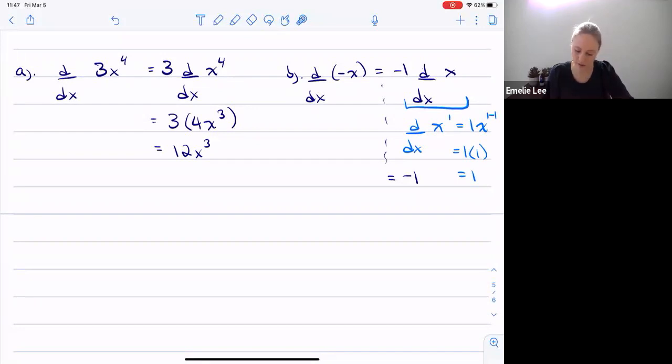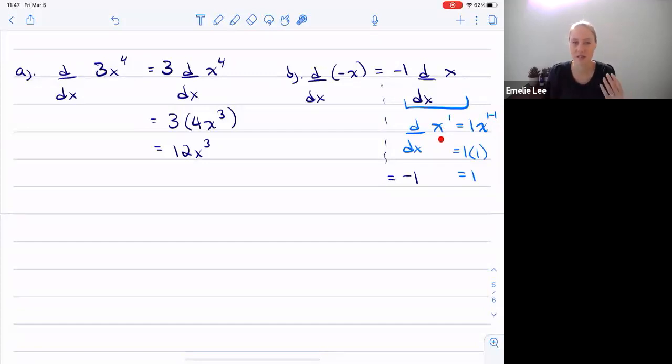So you could skip that fact and just develop that the derivative of just x is just 1 from the fact that x can be written as x to the power of 1, and then just move that 1 in front and decrease the power by 1. Same thing for a constant, right?